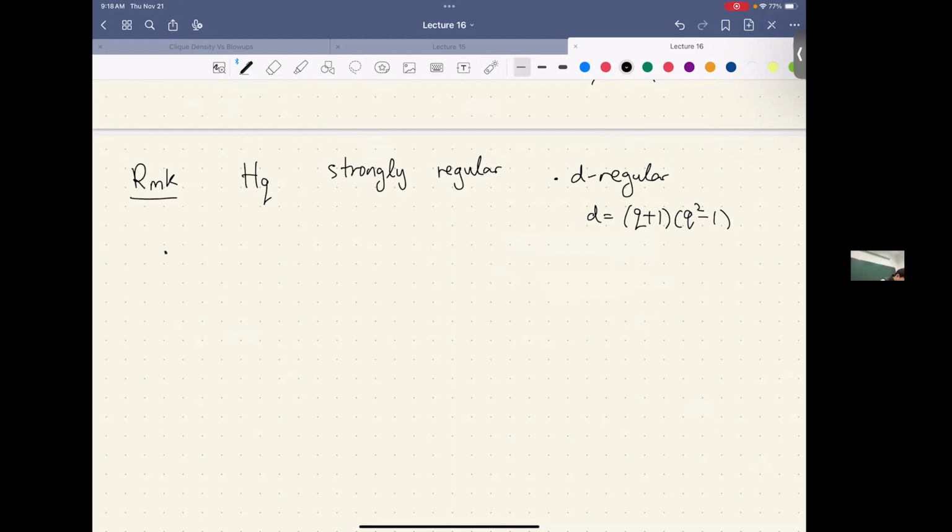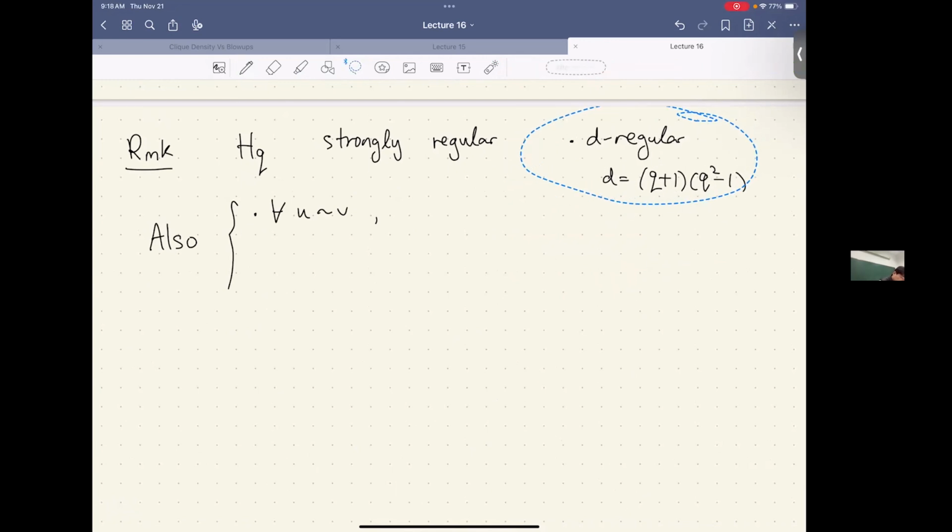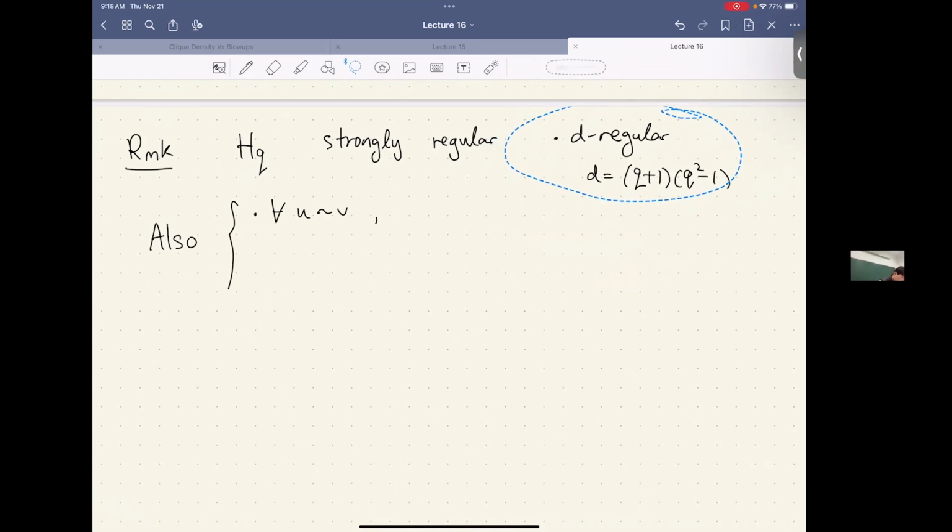So the property is that for every adjacent pair of vertices, u and v, their codegree is the same, which is 2q squared minus 2.